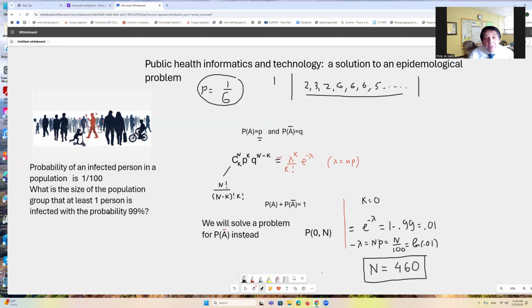We call this Q. The same when you talk about the die: the probability you see 1 is 1/6, but the probability that you won't see 1, we will call it P1 with bar, equals 5/6.